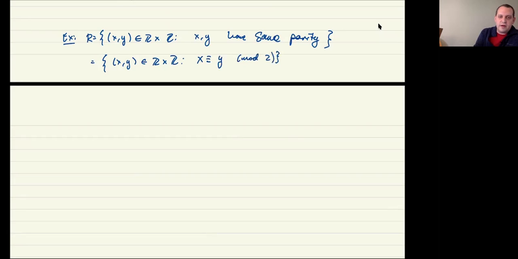Because if you think about what are the quotient sets here, you're going to have 0 or 1. And 0 represents the evens. So here, R mod Z is going to have two quotient sets, 0 and 1. Here, this is going to be the set of all the even integers. And the equivalence class of 1 will be all the odd integers.